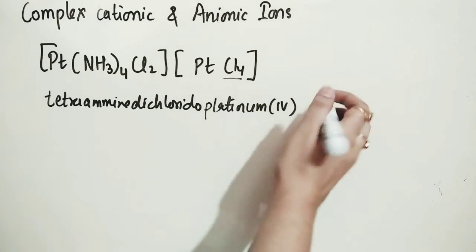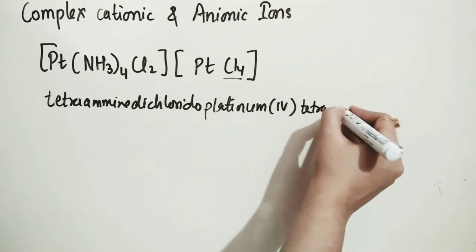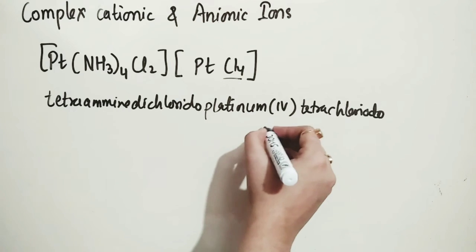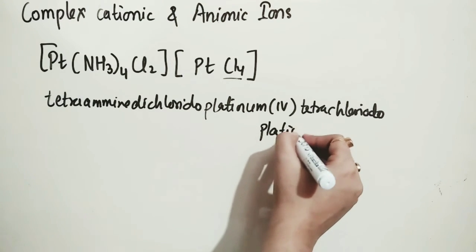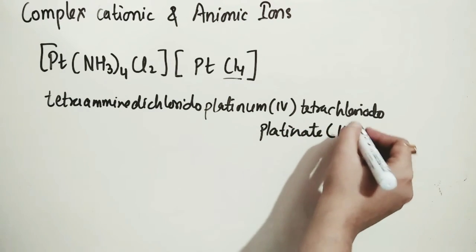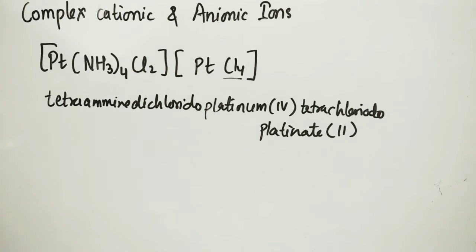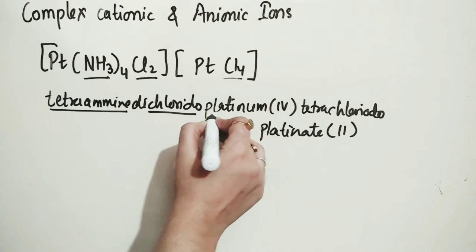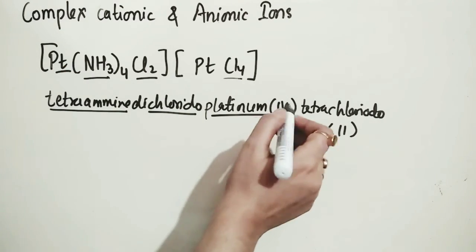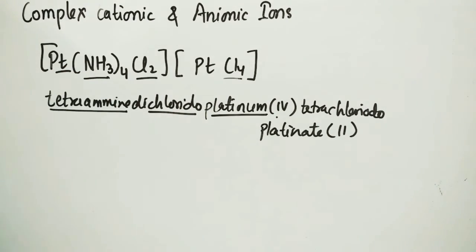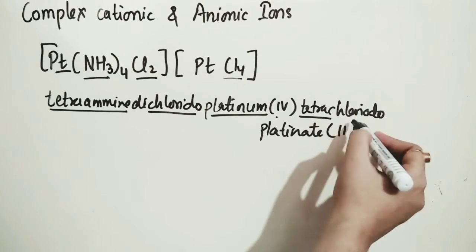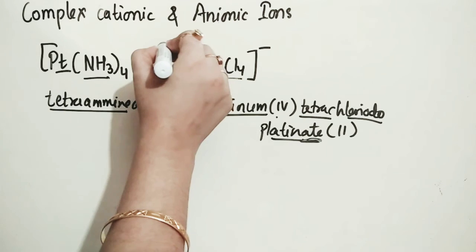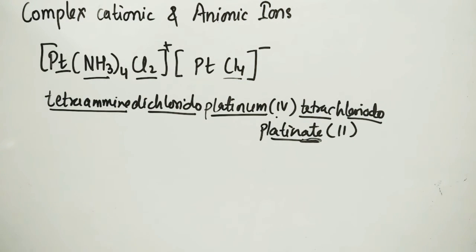Now the next one is tetrachlorido, and now the name changes into platinate(II). So again I am repeating, tetraamine dichlorido platinum(IV). Why 4? Because it is an octahedral complex. This is tetrachlorido platinate, 'ate' because it is a negative ion, (II).